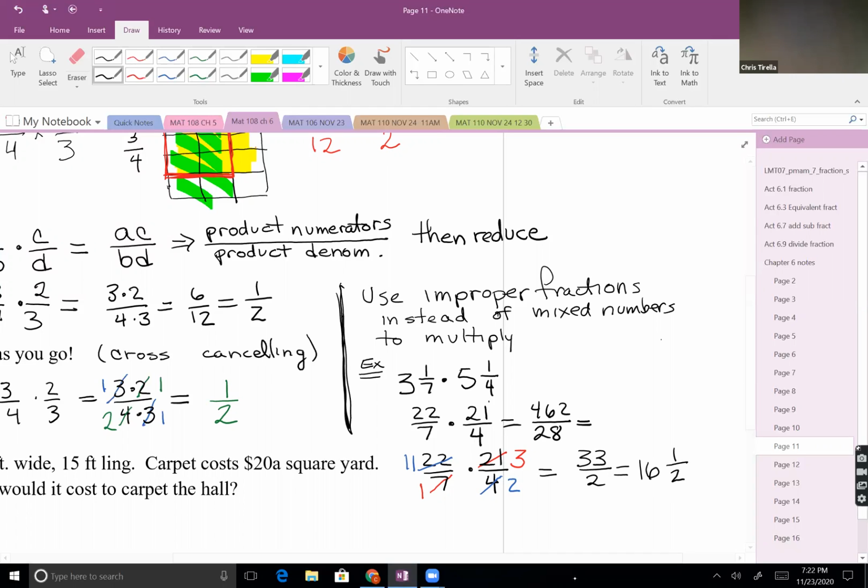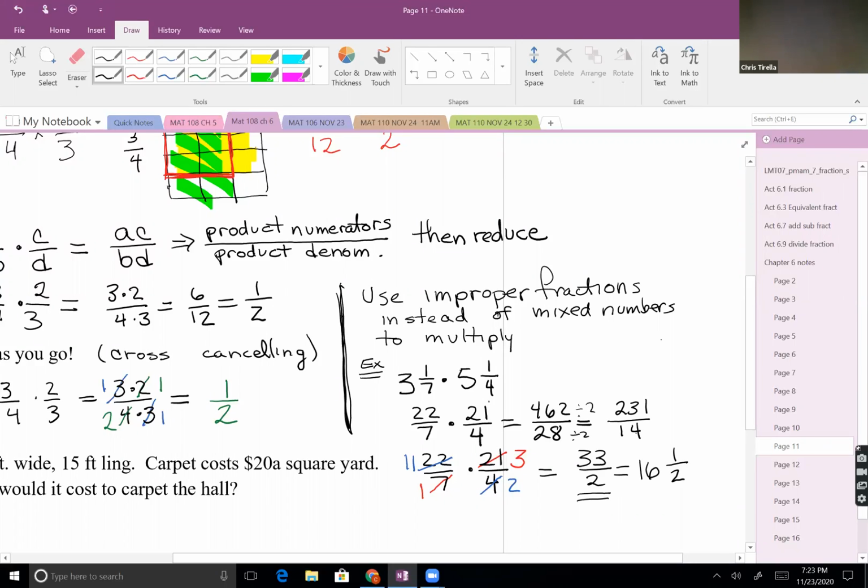Looking at it working backwards, in order to get to this result, we would have needed to recognize that I can divide both the numerator and the denominator by 14 to get it to reduce down this far. And if you didn't see that, would you have divided out 2 here to get 231 over 14?